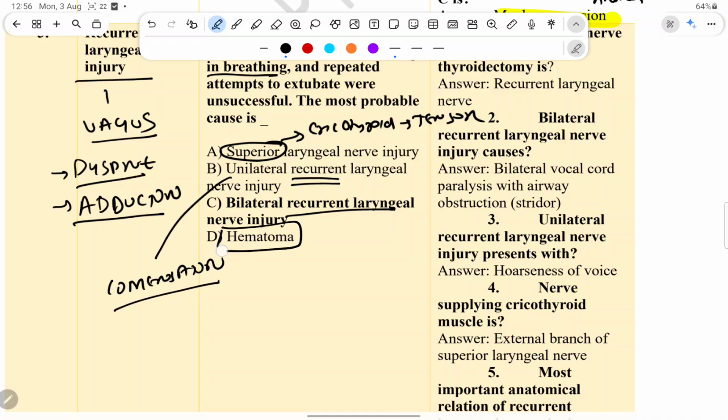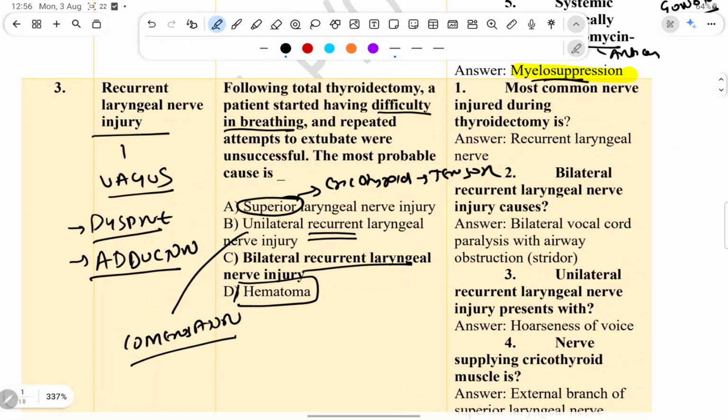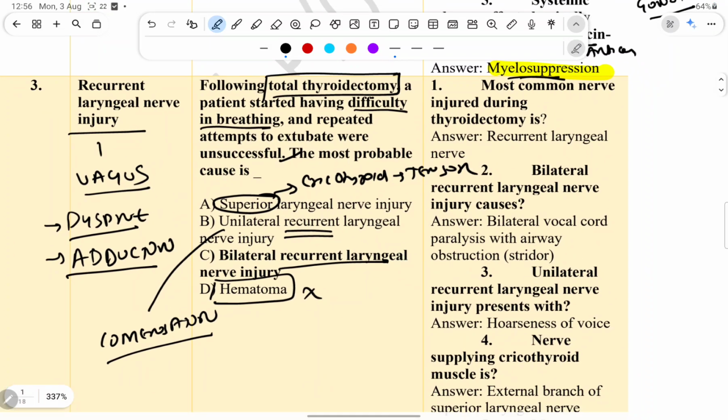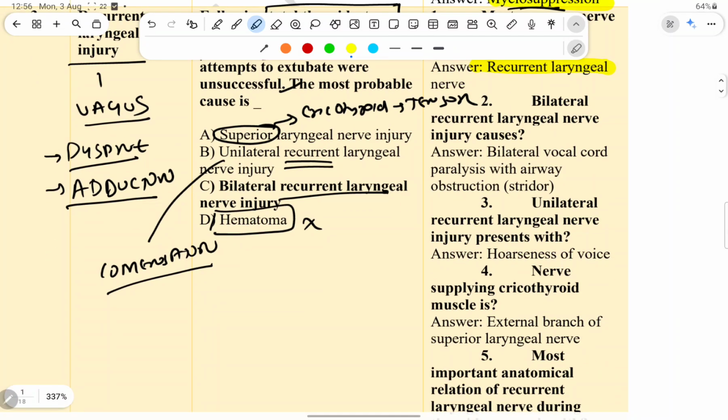Hematoma usually does not present with these features, but since there is mention of thyroidectomy, we can also rule out hematoma. We can read related points: the most common nerve injury during thyroidectomy is the recurrent laryngeal nerve. Bilateral recurrent laryngeal nerve injury causes abductor palsy, and both cords will be adducted.